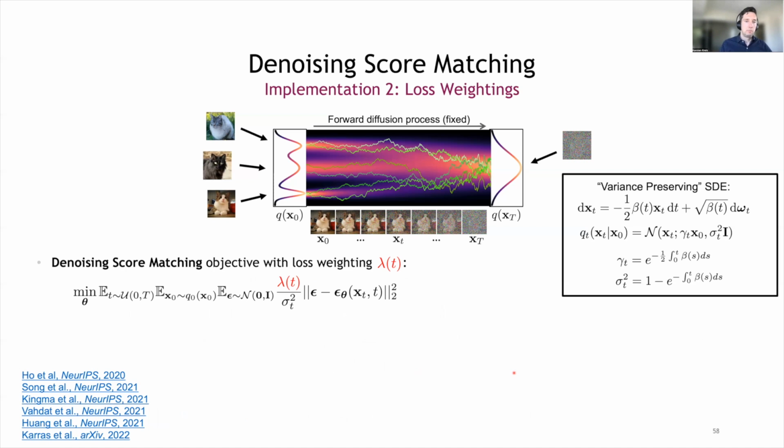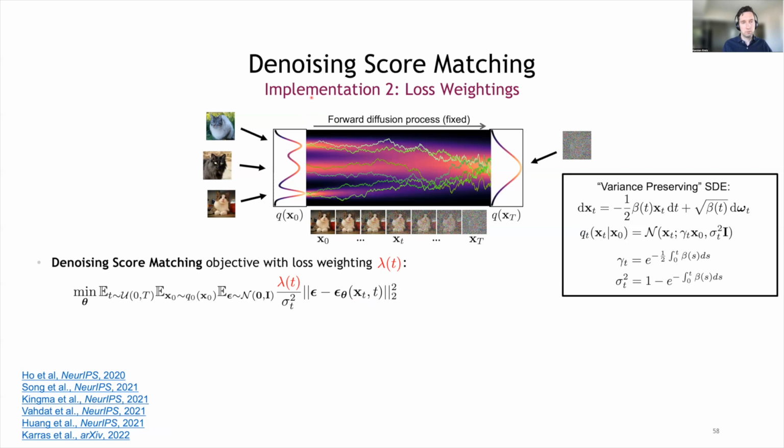So there's another implementation detail here. I have kind of arbitrarily motivated that we can use this squared L2 term to perform denoising score matching and to regress the score function. Maybe we want to give different weights to this L2 loss for different points along the diffusion process. Keep in mind that this is one neural network that just gets a noisy state and t as input.